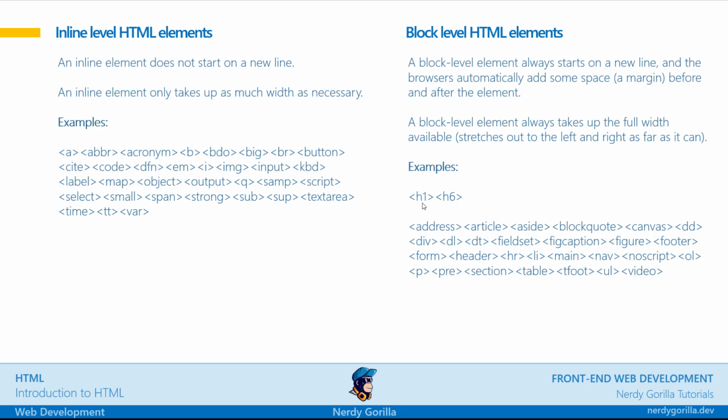Examples are heading tags like H1, H2, H3, H4, H5, and H6, address, article, aside, blockquote, canvas, DD, div, DL, etc. You should know all these block level elements.